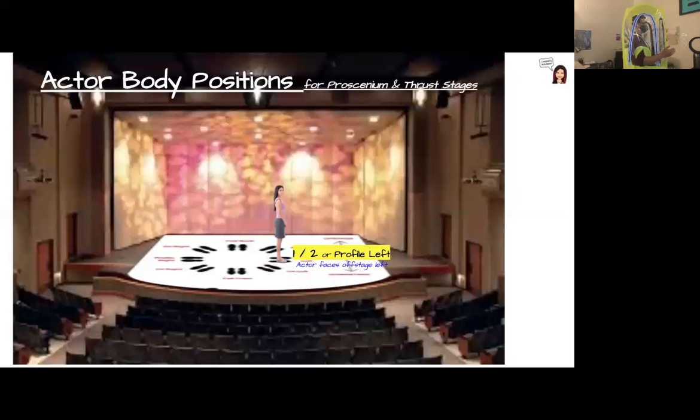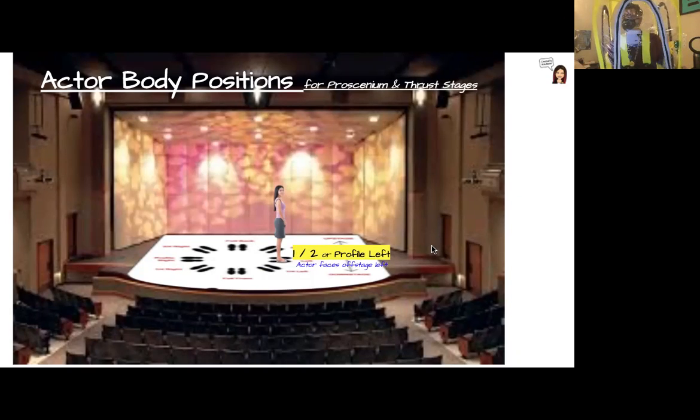It's profile left. Typically you only see one eye and one ear. You see one hand or arm because they are facing the left side of the stage. All right.